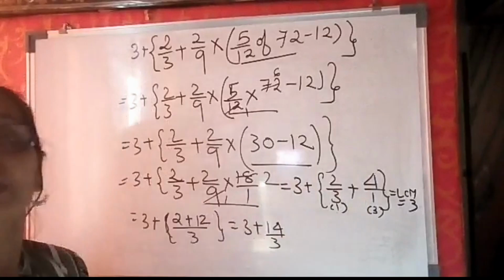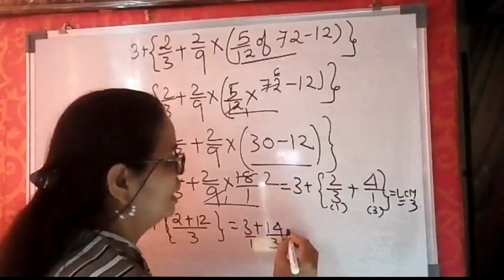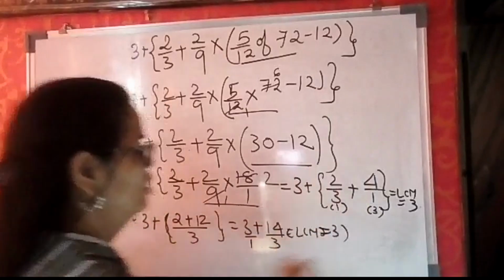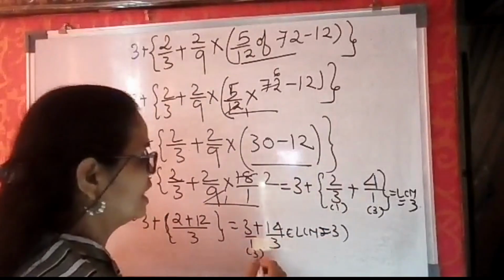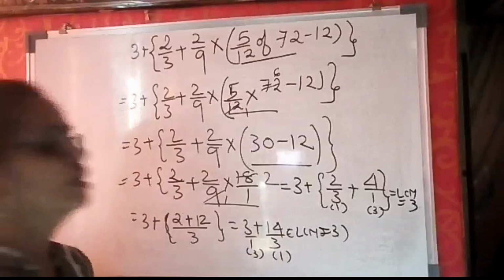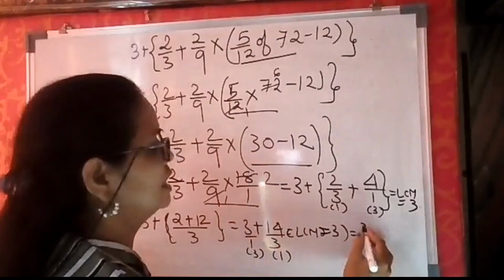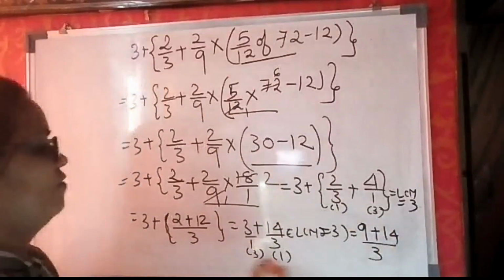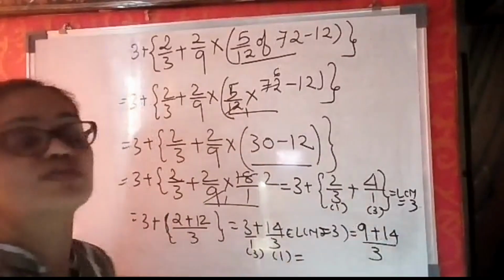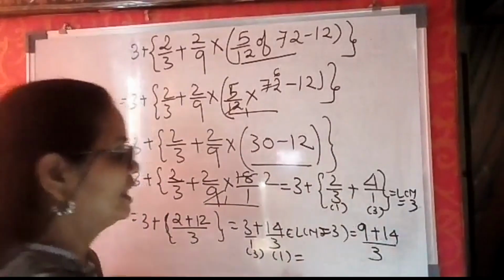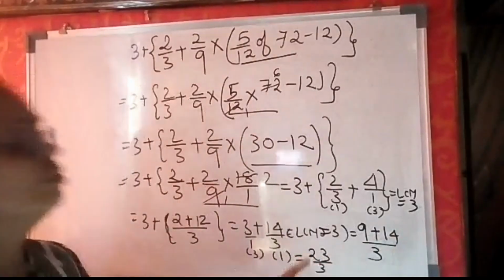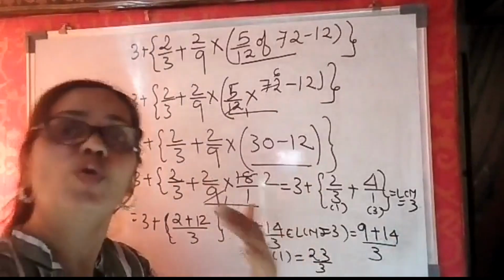Now again you have to take the LCM. So LCM is equal to 3. So now here 3 ones are 3, 1 ones are 1, which is equal to 3 3s are 9 plus 14 divided by 3, which is equal to 9 plus 14 means 23, divided by 3. It cannot be divided further or brought to lowest terms.